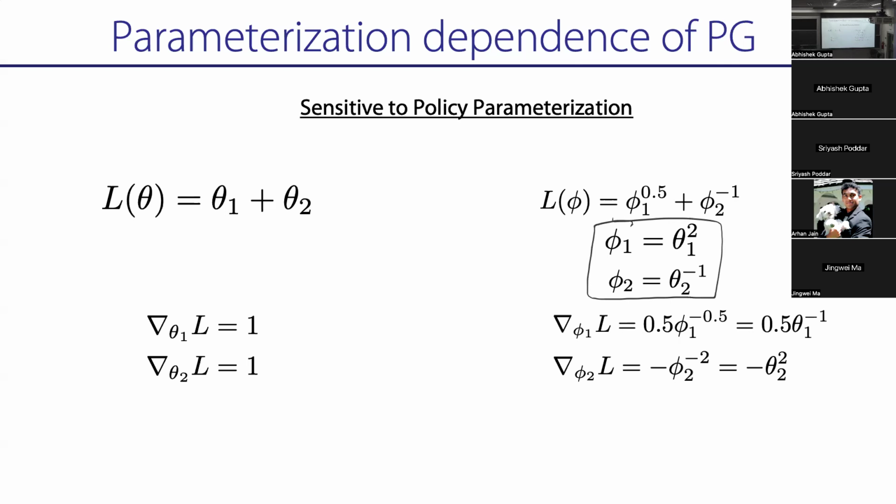This is what you call a method that's not covariant, in that it's not able to deal with a change in parameterization, even if it doesn't change expressivity. It becomes really sensitive to particular parameterizations, and if certain parameters dominate in magnitude, they dominate the gradient.